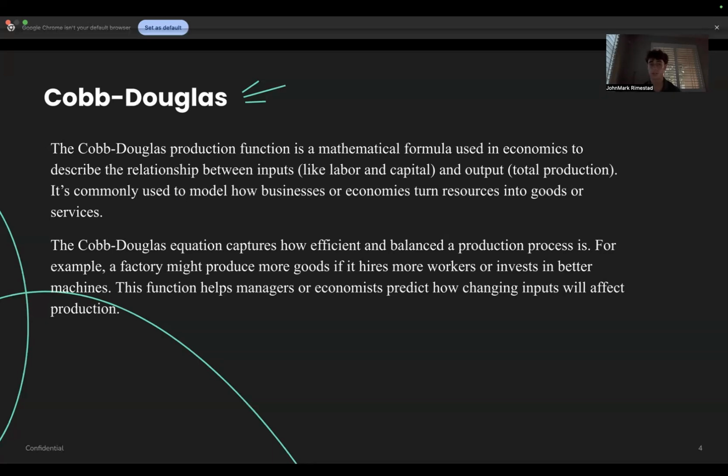The Cobb-Douglas equation captures how efficient and balanced a production process is. For example, a factory might produce more goods if it hires more workers or invests in better machines. This function helps managers or economists predict how changing inputs will affect production.